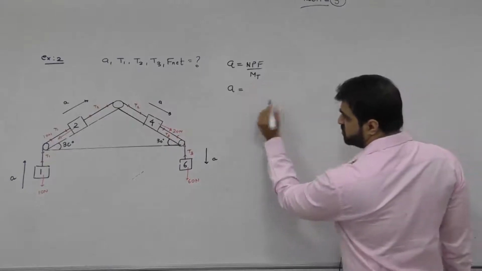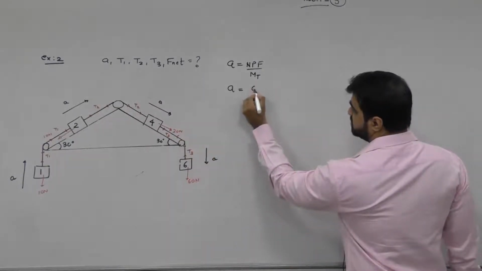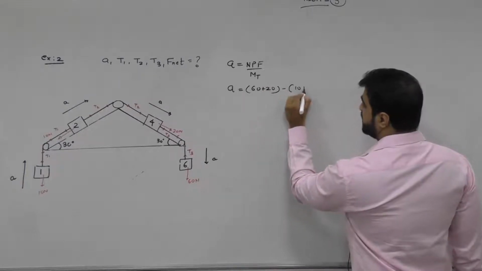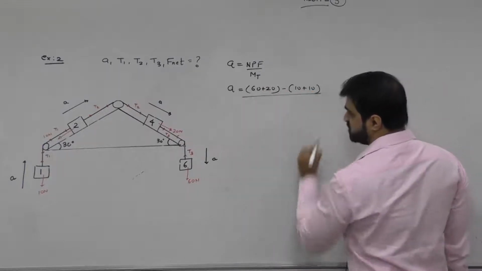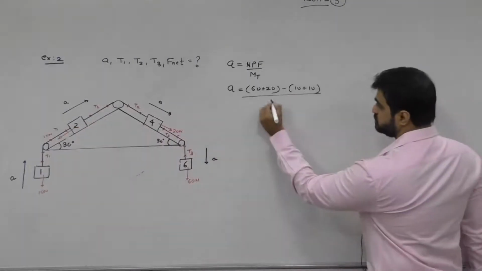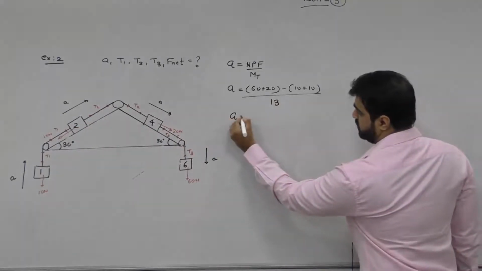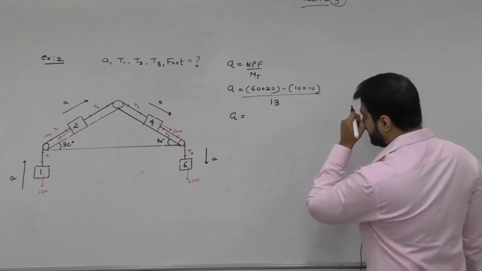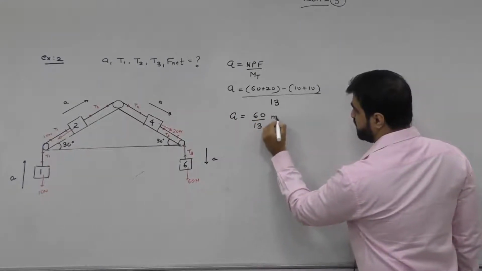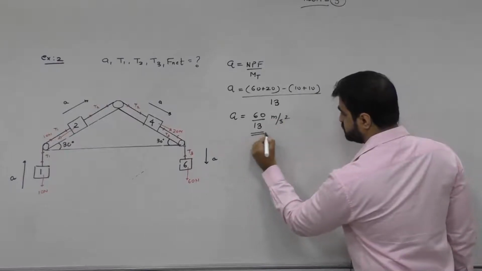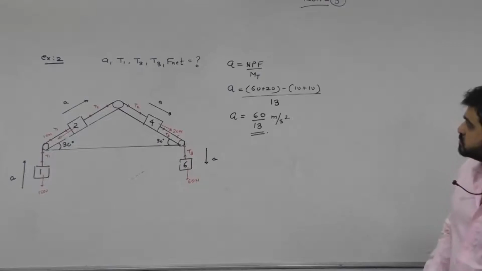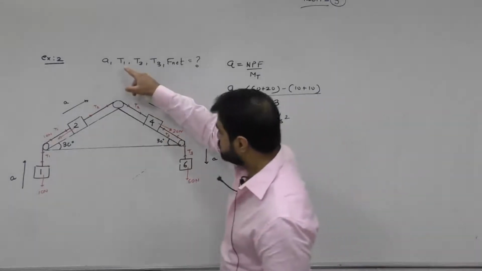So the net pulling force this side will become 60 plus 20 minus 10 plus 10 the other side, upon the total mass of the system: 6, 10, 12, 13. Listen over here. It will become 80 minus 20 is 60 by 13 meter per second square. Correct? Got it, no?